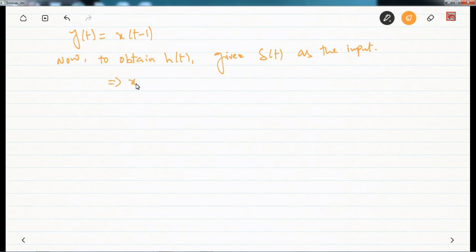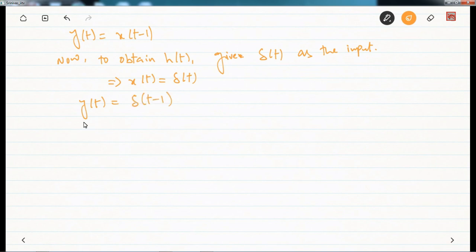That means x of t is equal to delta of t. So what is y of t? y of t is equal to delta of t minus 1.